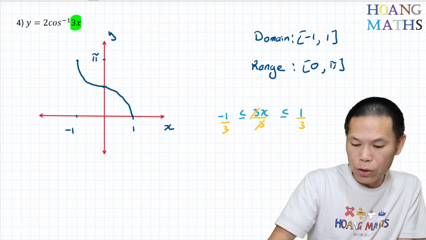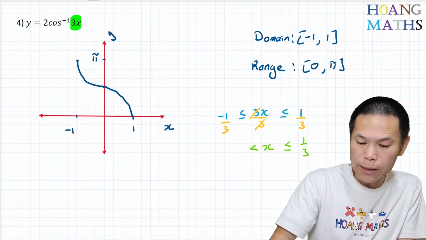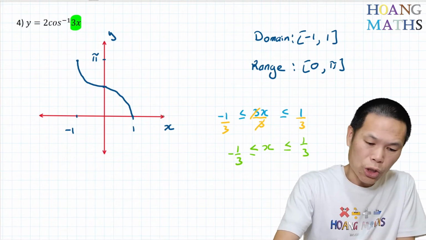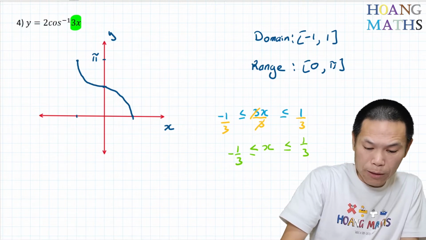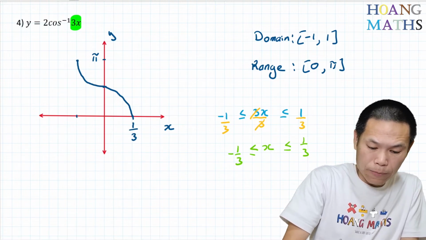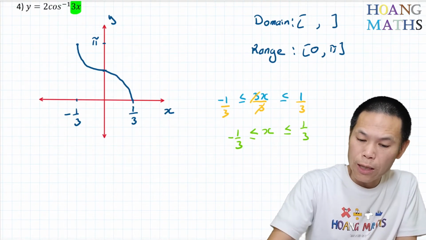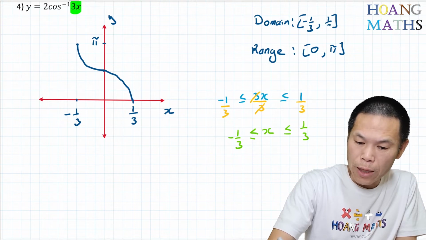So the domain for this function is between negative a third and a third, inclusive, okay? So let me change the domain now. This becomes negative a third and a third.